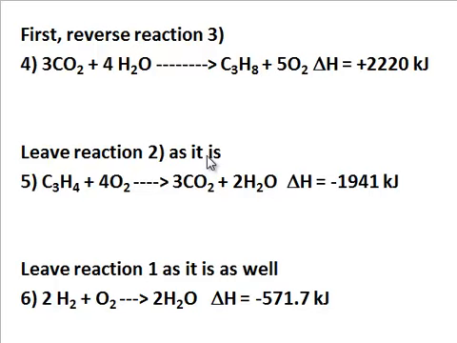That has C3H4 on the left. Even though I left it as it is, I'll renumber it number 5 anyway. So here's reaction number 5, and here's its delta H, same as number 2. I also leave reaction 1 as it is, even though I renumber it reaction 6, and it has the same delta H.